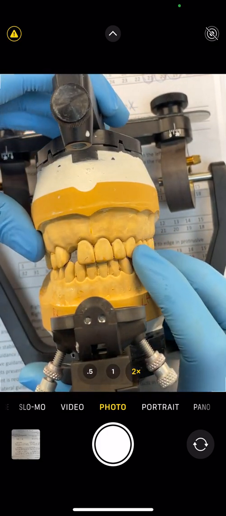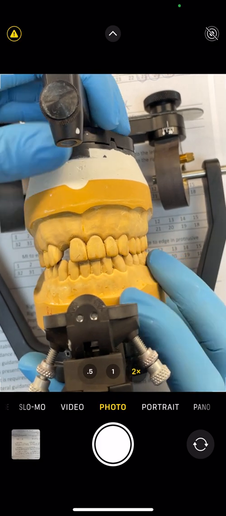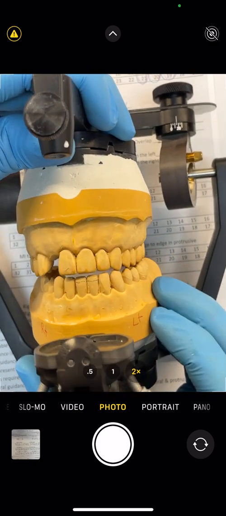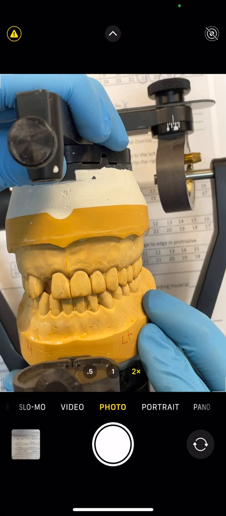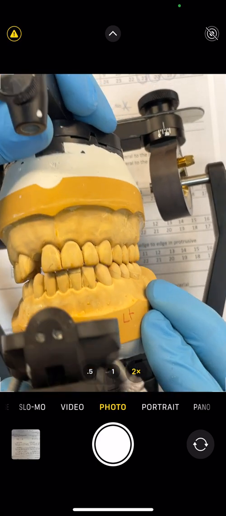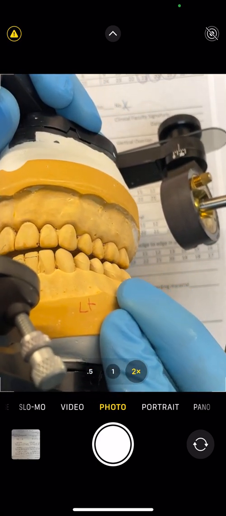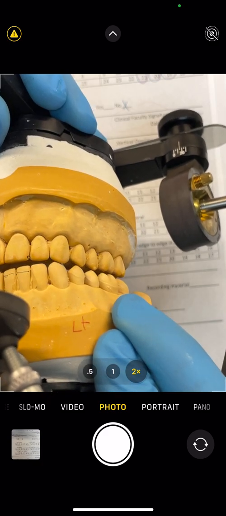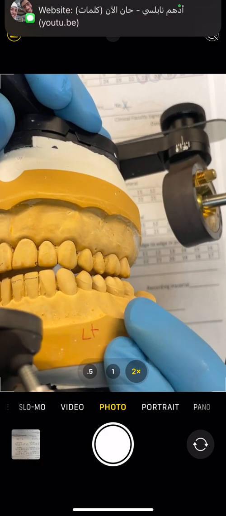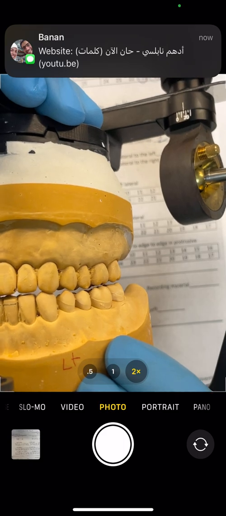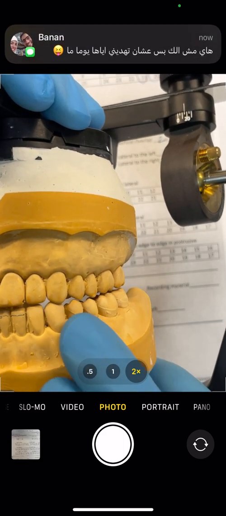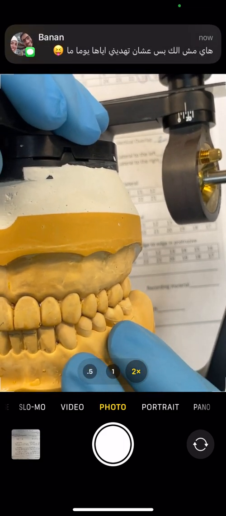Now with one finger, I'm going to just try to do the lift. See, the canine is disclosing all the back teeth. So this is the working contact we have on the left side.